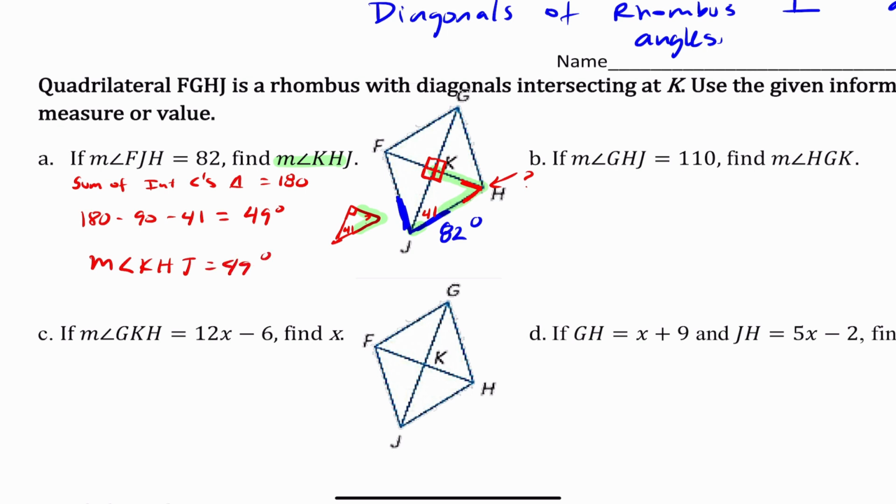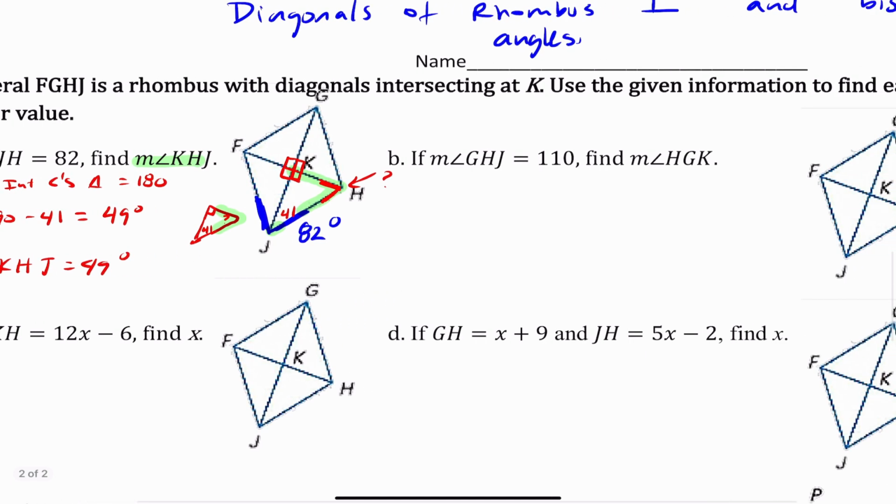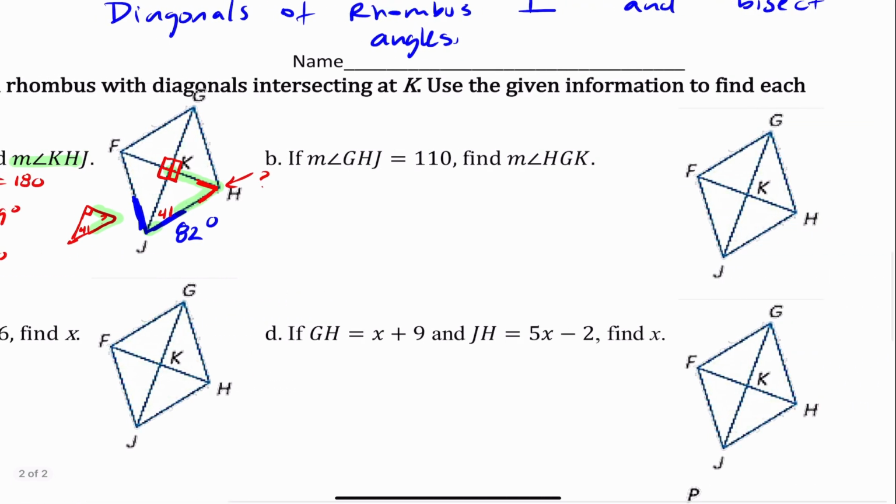Okay, let's go ahead and take a look at B. If measure angle GHJ is 110, so this angle here is 110 degrees, my goal here is to find measure angle HGK.